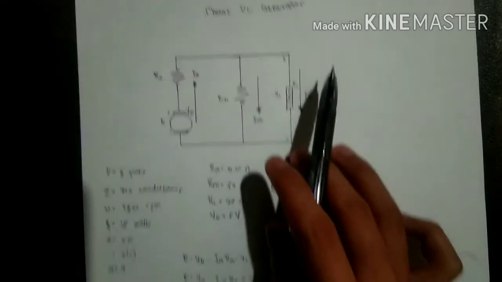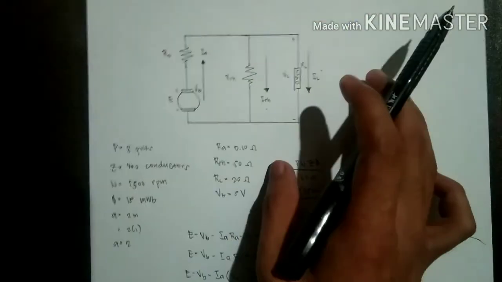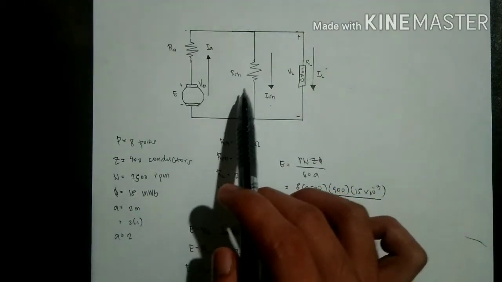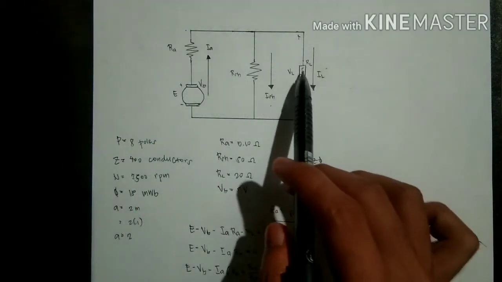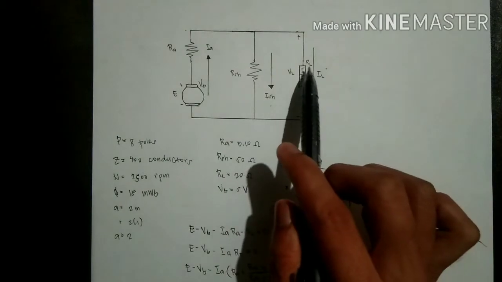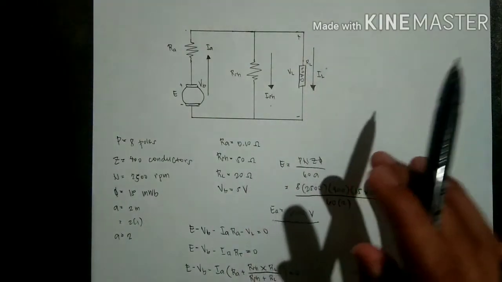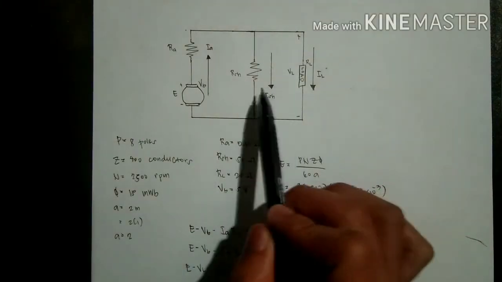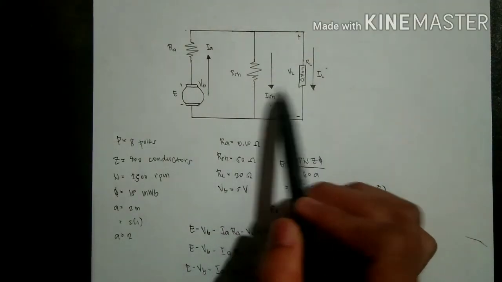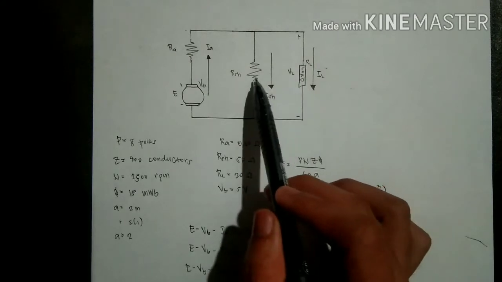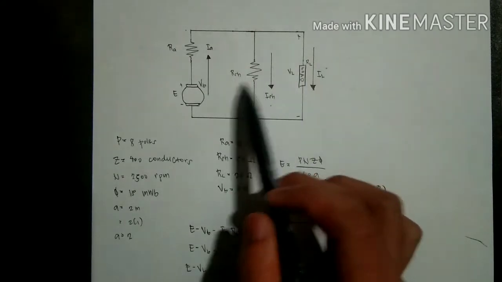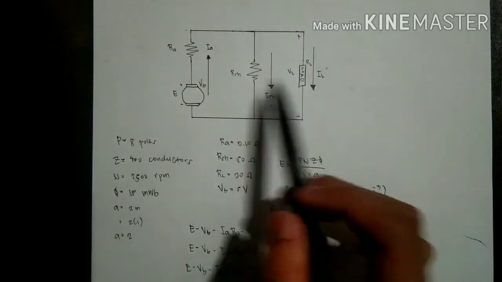As we can see, we have the armature resistance, the shunt resistance, and the load resistance, and this part is in parallel. So VL is equal to the voltage in the shunt field, because it is in parallel.